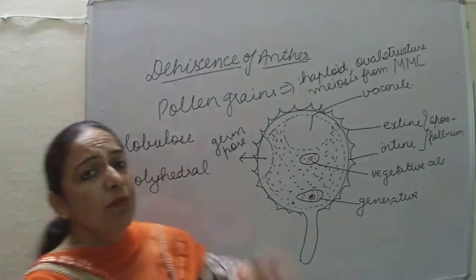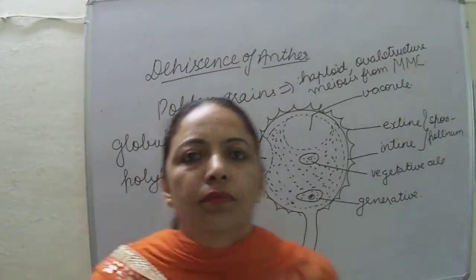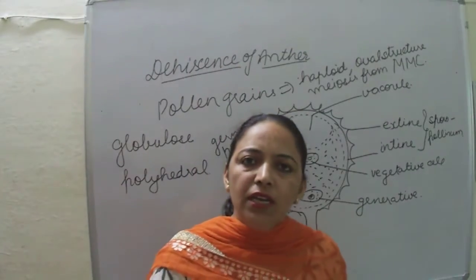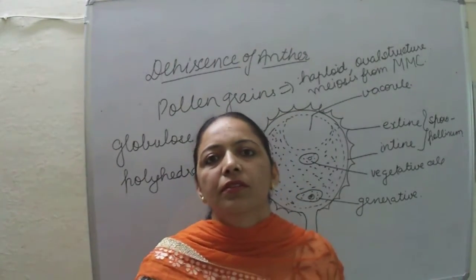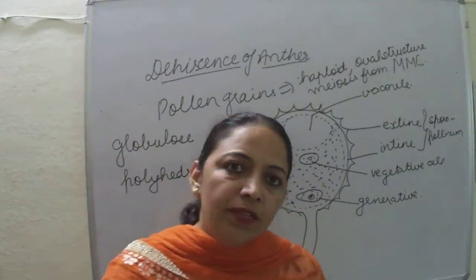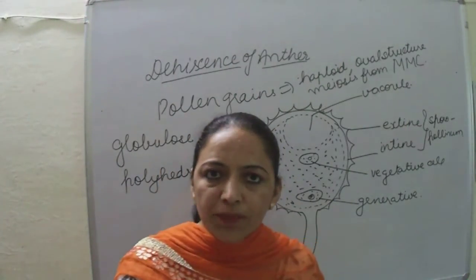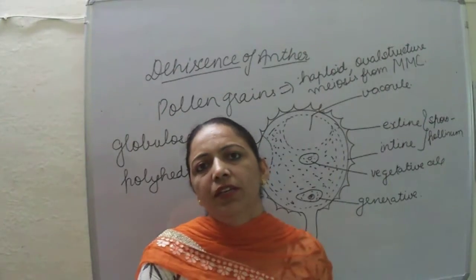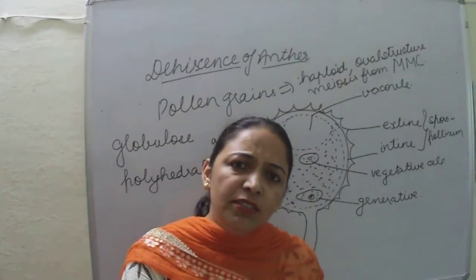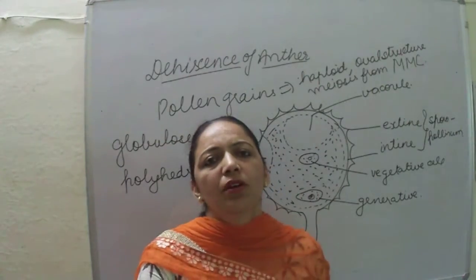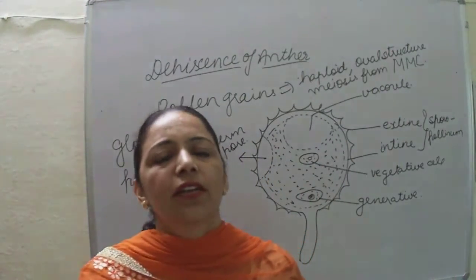Next, what is the importance of pollen grains in allergy? When it enters our lungs, it causes allergic reactions and bronchitis. And sometimes it may also cause just allergic reactions. For example, the pollen grains of Parthenium cause allergic reactions in most people. Parthenium is commonly known as carrot grass.